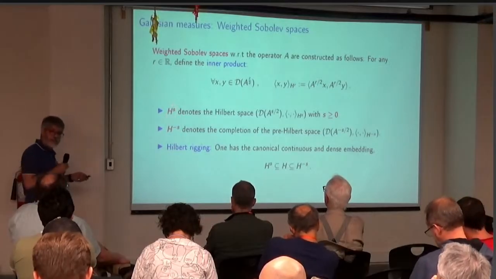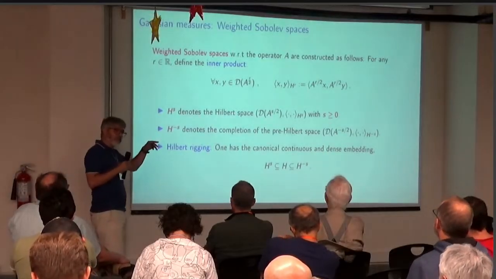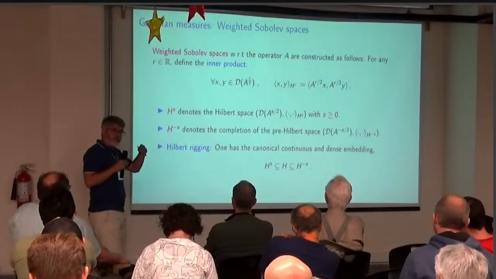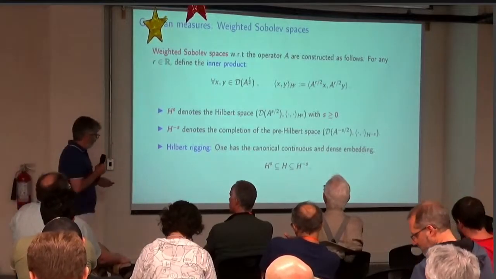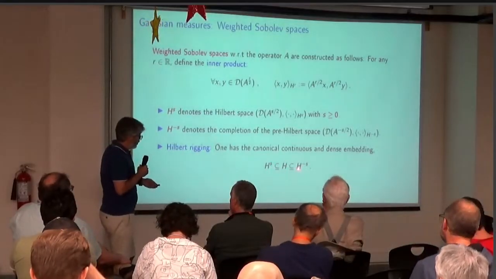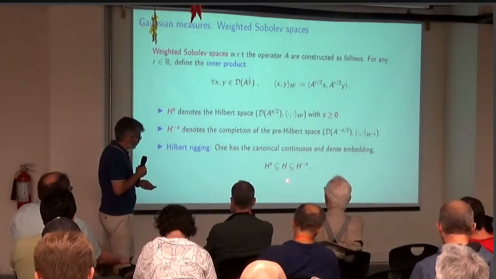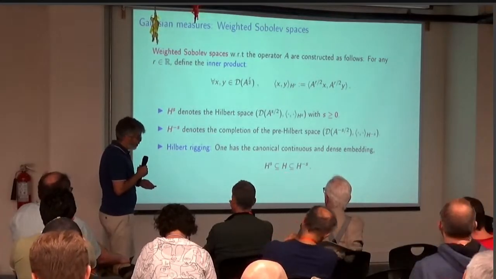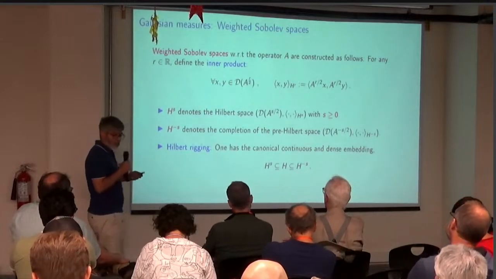And the s is the s from the previous slide, so it's connected to the summability of the inverse eigenvalues of the operator. And so you have a Hilbert rigging. This is H, this is H^s, and this is H^{-s}. If you are in a similar framework, you can think of H like an L2 space, H^s a positive Sobolev space, and H^{-s} a negative Sobolev space. Typically, this is what we have.